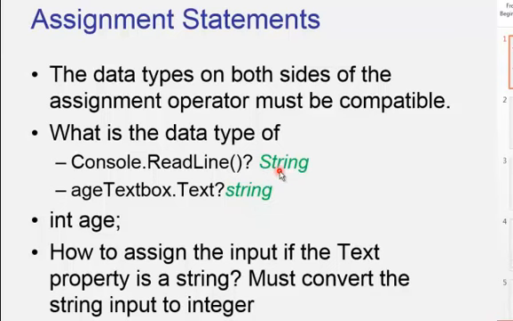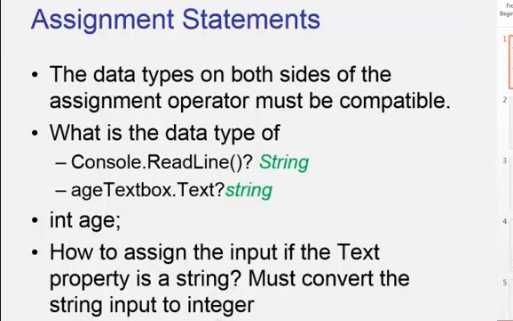If we do a text box, the Text property, here I have ageTextBox.Text, that's a string. So if I have a variable called age and the age is an int, however, I'm putting the data in a text box and that's a string, how do I assign the input to that variable? And the answer is you must convert the string to an integer first.